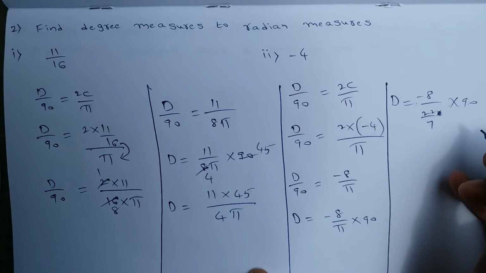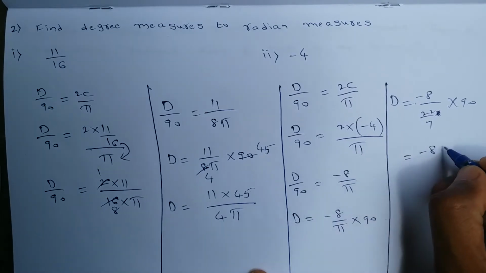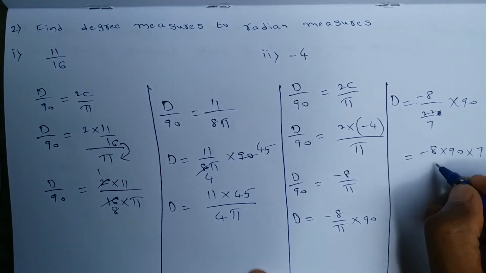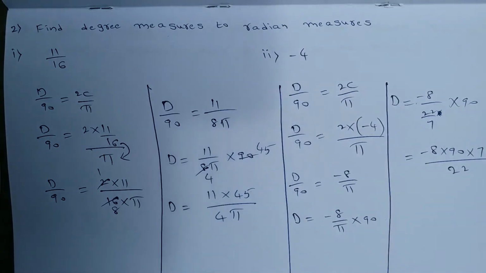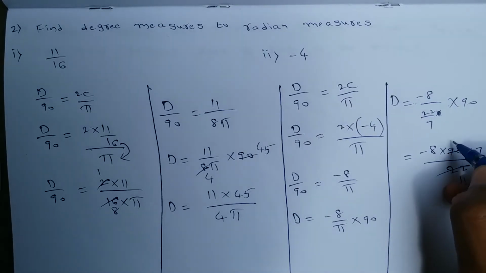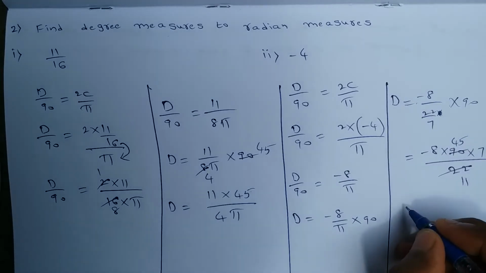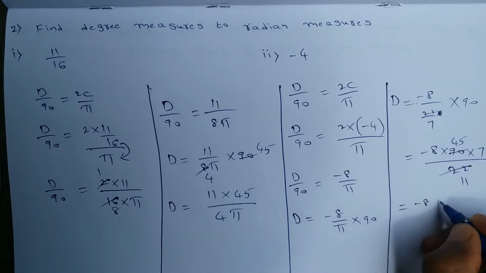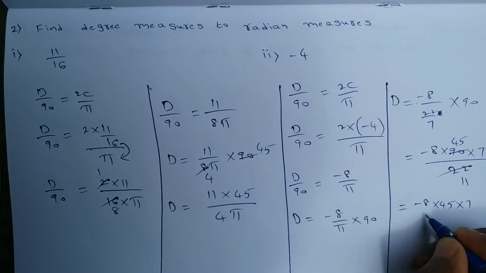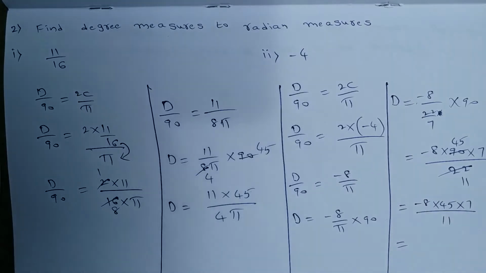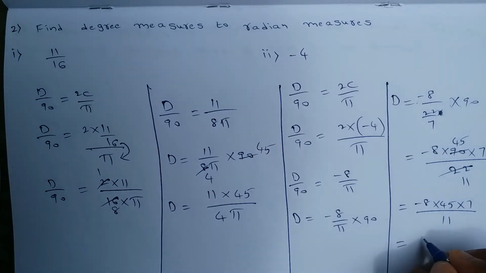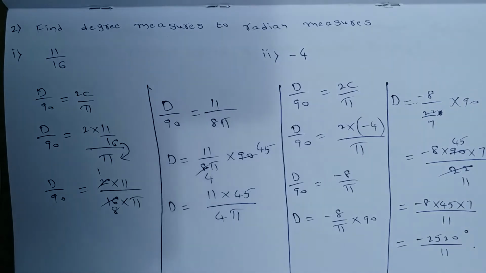Now this 7 will go upside, so we remain with minus 8 into 90 into 7 divided by 22. If we do cancellation, 2 11s are 22, 2 45s are 90. So we remain with minus 8 into 45 into 7 divided by 11. If we do this multiplication, we will get 2520. So minus 2520 divided by 11 degrees.